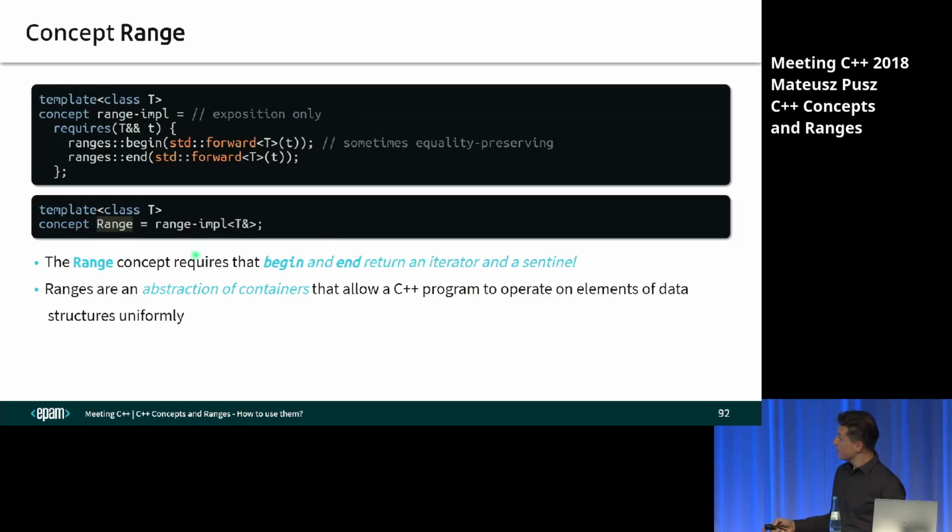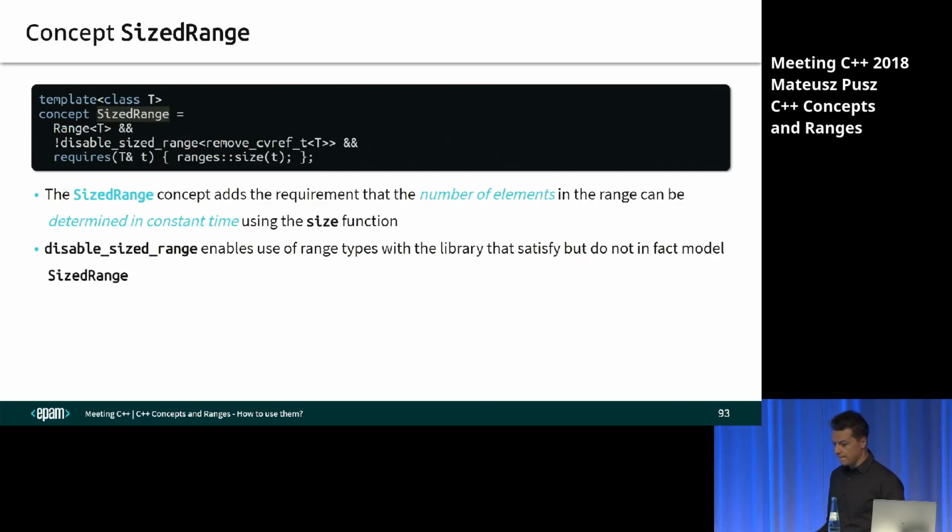A range is something that has begin and end. A sized range is a range that has a size that is calculated in constant time. If your container doesn't support that, you can use disable_sized_range to remove that.